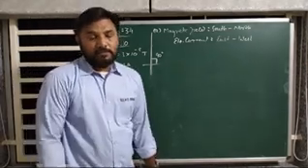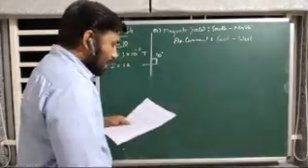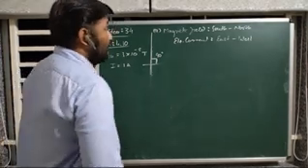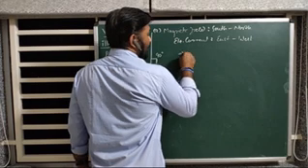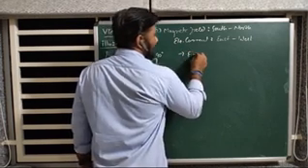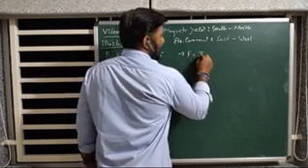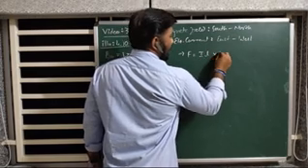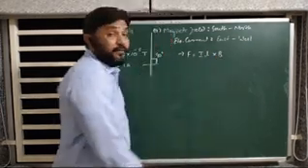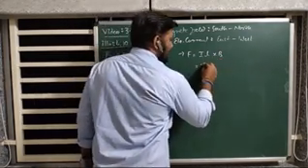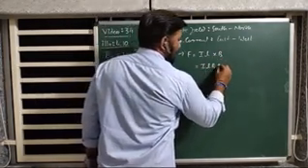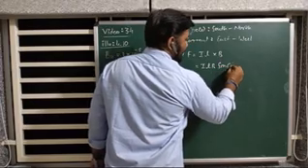What is asked? You have to find the magnetic force. For that, F is equal to I L cross B. This is the equation, so there is a vector product. So let us take I L B sine theta.